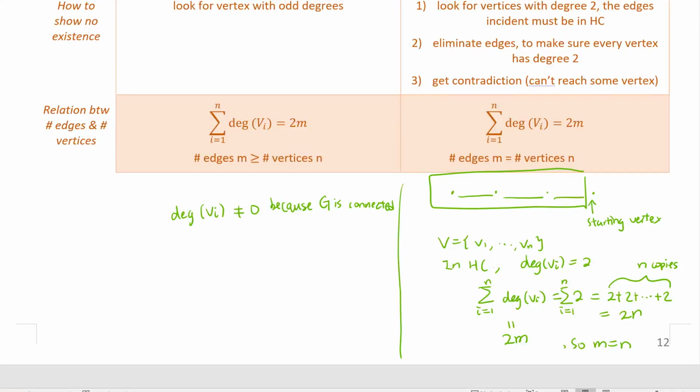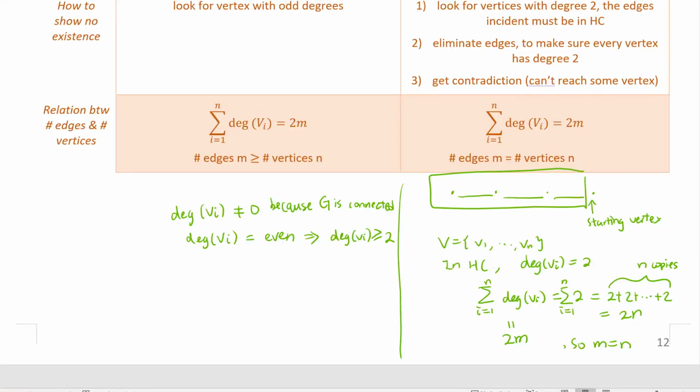Otherwise it would be an isolated vertex and then G would not be connected. So the degree of vi is not 0, and we also know all the degrees are even. They're even numbers and cannot be 0 or negative, which means the degree of vi must be greater than or equal to 2. So it's either 2 or 4, etc.